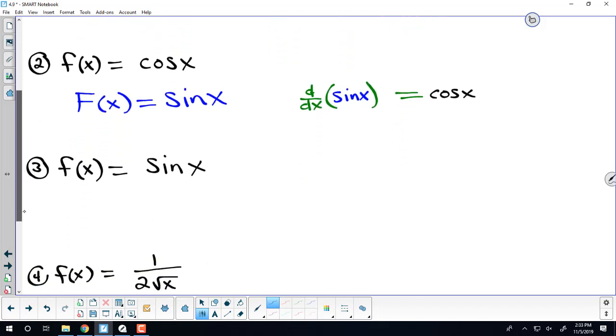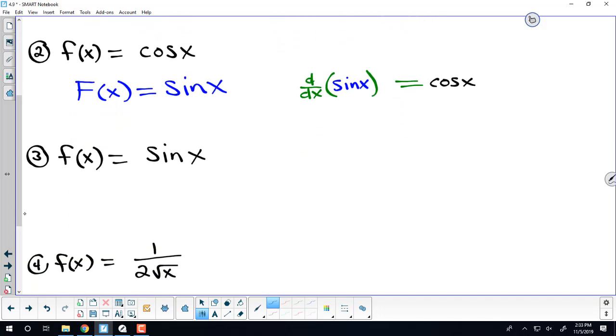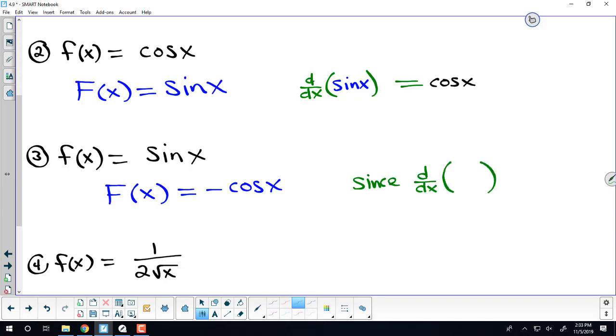What's the antiderivative of sine? Negative cosine. The antiderivative of sine is negative cosine, since the derivative of negative cosine is sine.